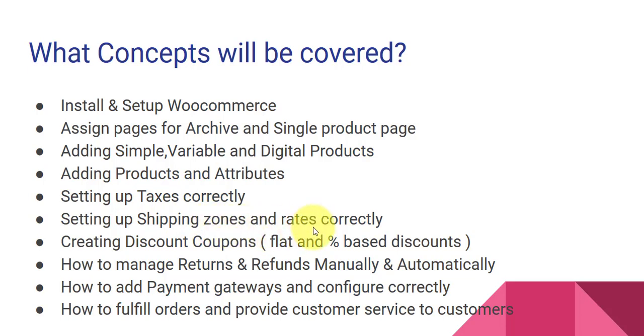Suppose that you want to charge a flat rate for a certain region or location or a country or a pin code, and for others you want to deliver for free, or else for a percentage. You can set it up, and you need to know how to configure those shipping rules and shipping zones, etc.